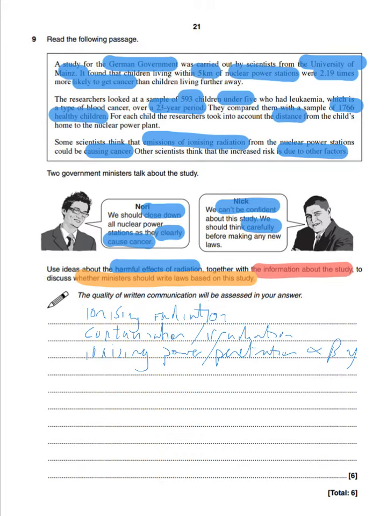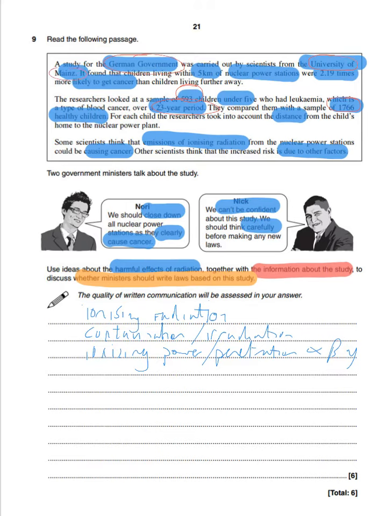Information about the study, so that is going to take us back to this top bit. What we'd probably be thinking of there is what can we pick out that tells us the study is either a reliable study or an unreliable study. And for this we're almost going back to the case study that the core and additional students have done. So to me I'd be looking at this kind of thing, and here, and here.